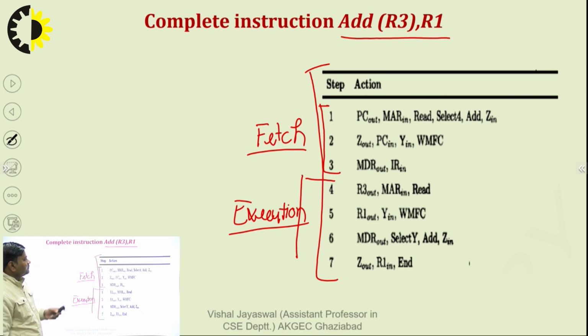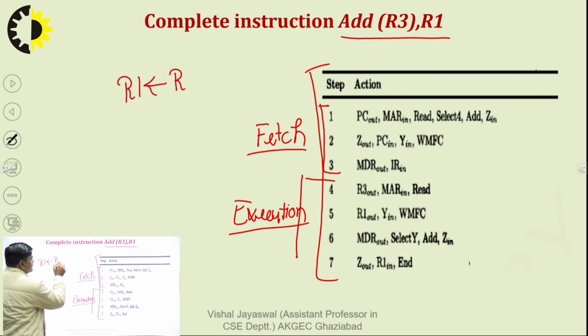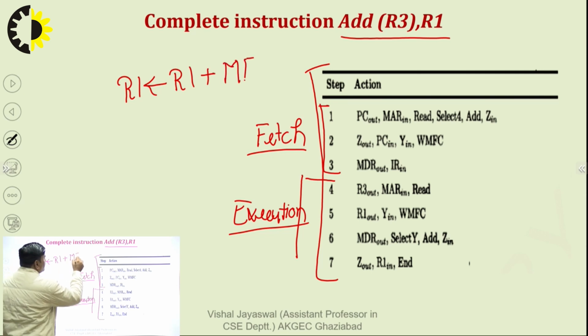So, if we add R3 in braces, R1, it means we are going to perform this operation.